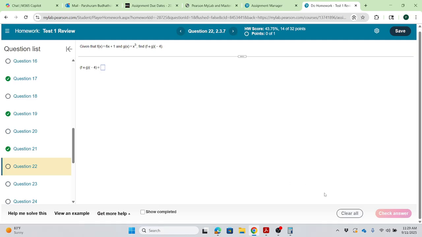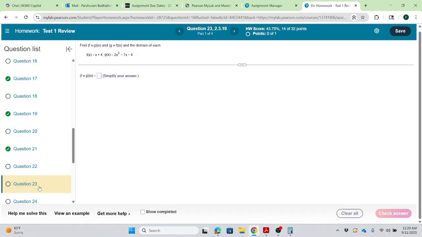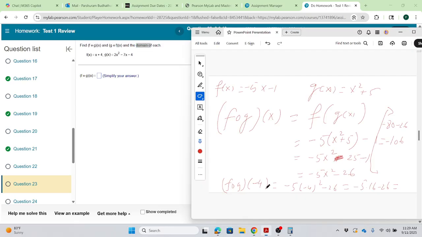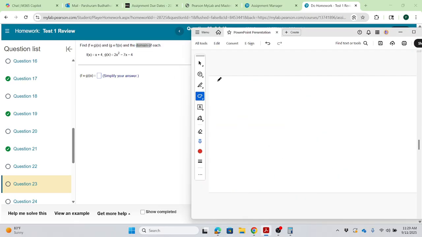One more time the composition, I'm going to skip that. One more time the composition, but this time we also have to find the domain, so I'm going to do this. Find the composition first using the very same idea. f composite g of x is the value of f at g of x.